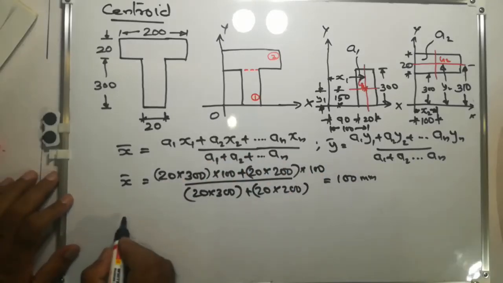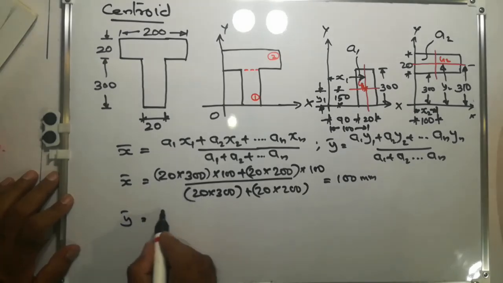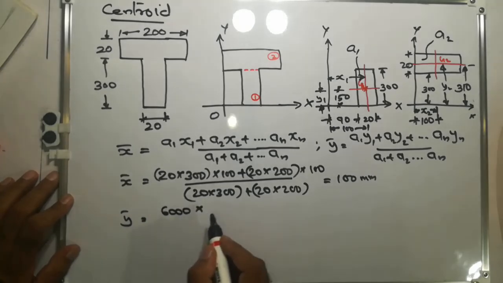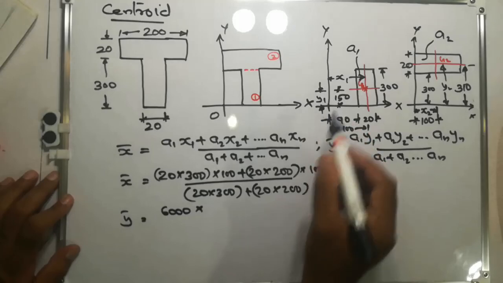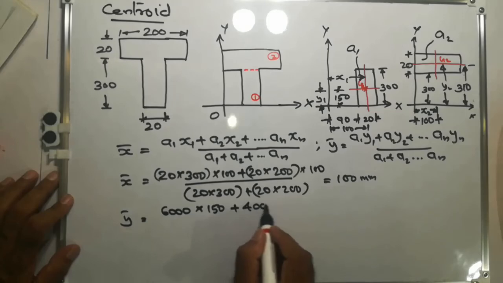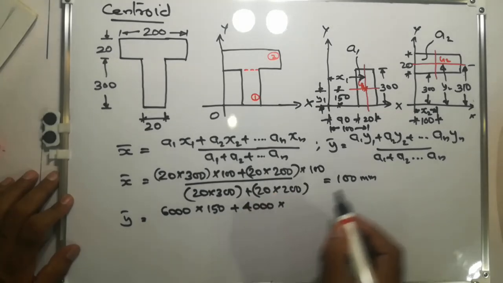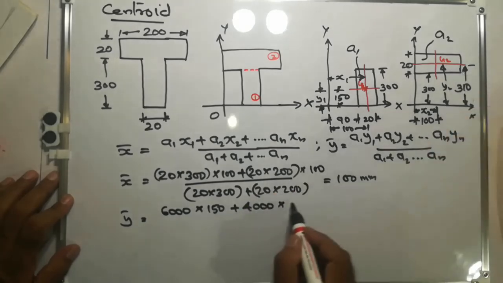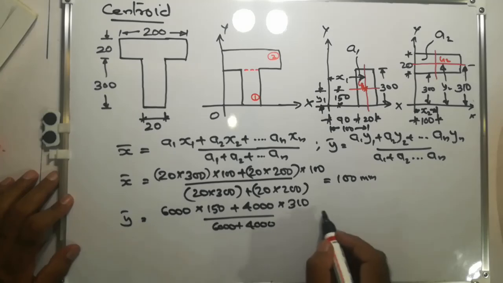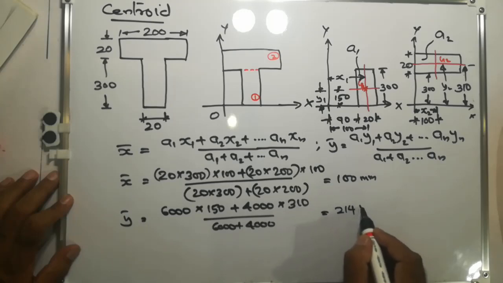Okay, then y bar. How to find y bar? Y bar is equal to 6000 into y1. What is y1? y1 is 150, plus 4000 mm square into y2. y2 is 310, divided by 6000 plus 4000. When you calculate this, you will get y bar equal to 240 mm.